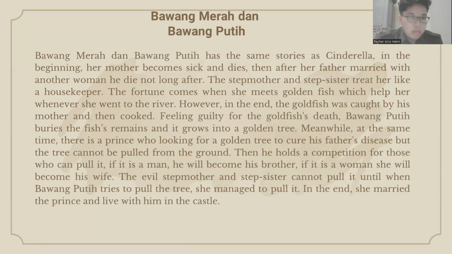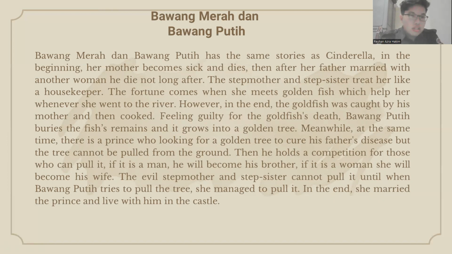And for Bawang Putih and Bawang Merah, this story is kind of similar to Cinderella. Bawang Putih in this story is also an orphan. She lives with her stepmother and stepsister. But the difference between those two stories is that Cinderella is helped by a fairy godmother and animals.